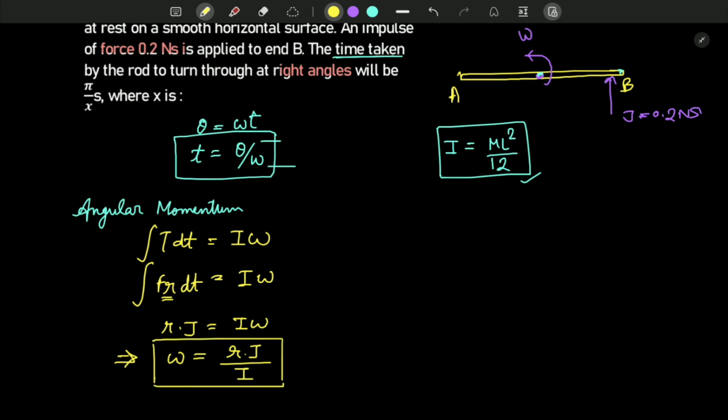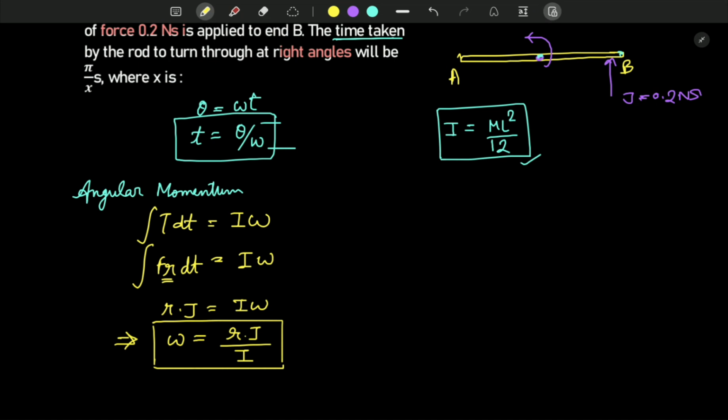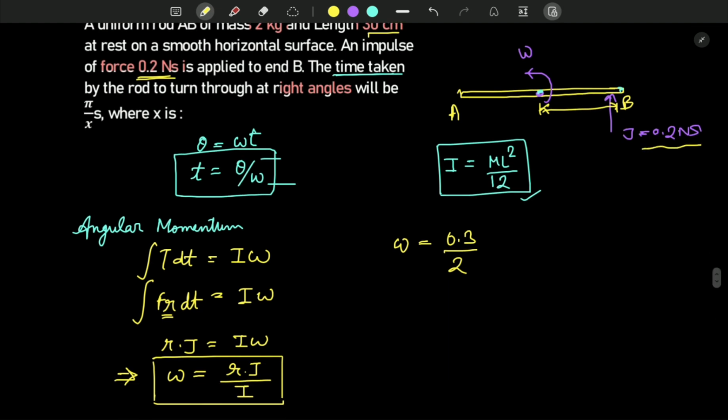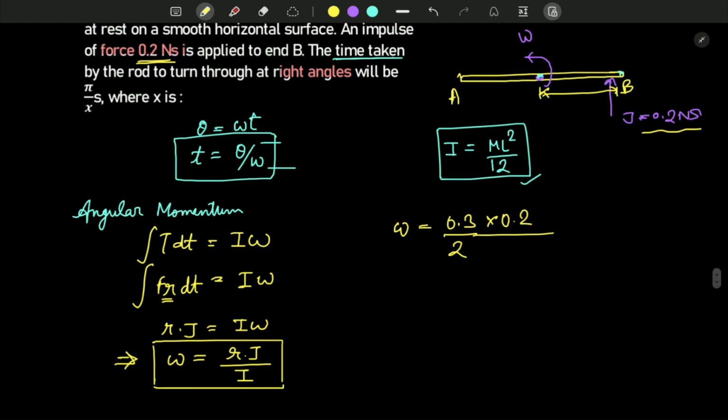Now let us put the values and find omega. Putting the values, omega equals r; in the question the length is given as 30 centimeter, but we have to take L by 2, so 0.3 by 2. In the question J is given as 0.2 impulse. So 0.2 by I. I was not given in the question, I found it as ml square by 12.